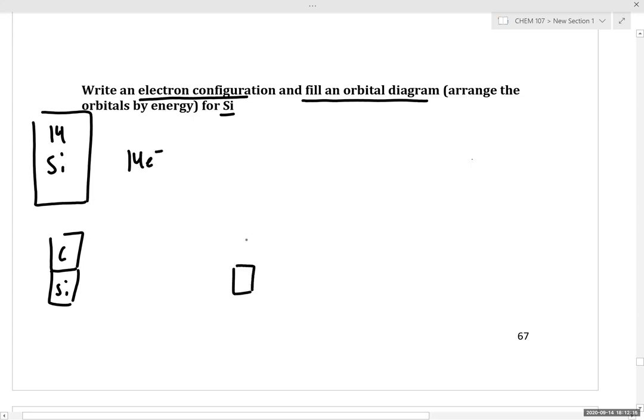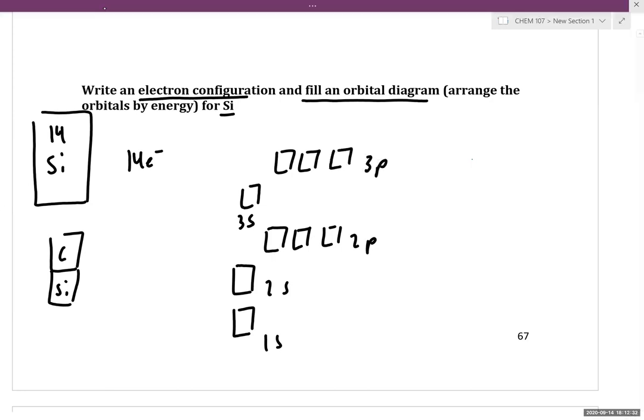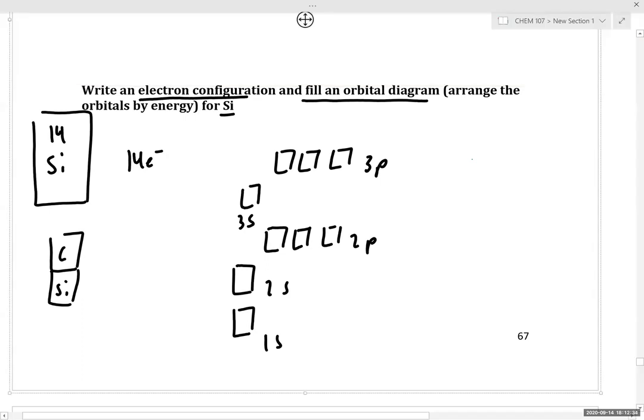So we're going to generate our orbital box diagram: 1s, 2s, 2p, 3s, 3p. Now we're going to fill our orbital box diagram from the lowest to the highest energy.